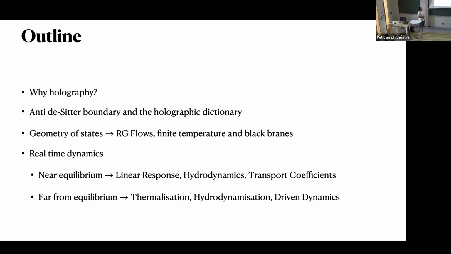And then, far from equilibrium, this is non-linear study. You can ask many different questions which branch out in completely different directions, but I have chosen three questions about thermalization, the emergence of hydrodynamics, and driven dynamics, non-linear driven dynamics, which I guess are of broad interest to anyone who is interested in field theories and quantum mechanics.